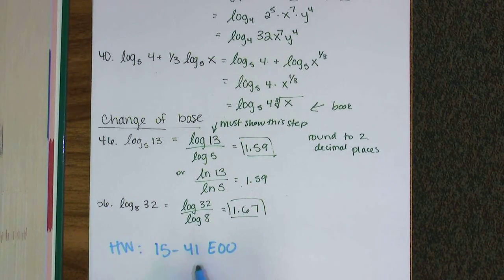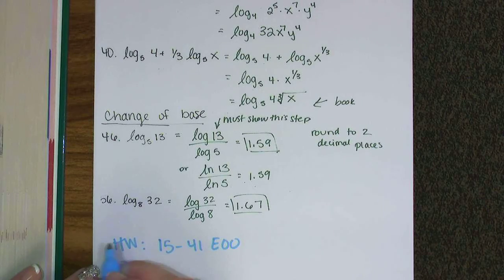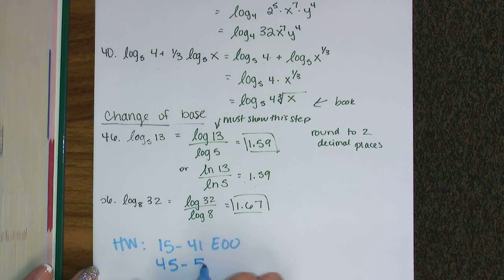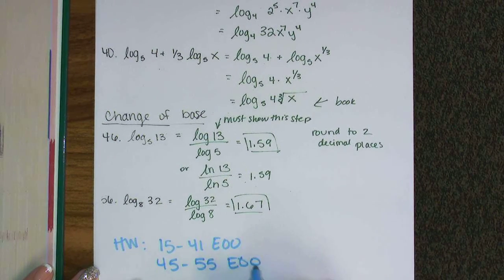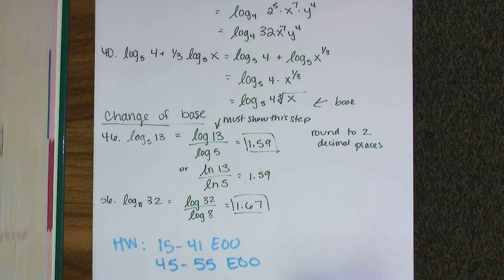I don't know the numbers off the top of my head if they'll fall in, but yeah, I don't think 41 will be in there, but anyways, that's fine. And then 45 through 55, every other odd. Okay, just so you get used to the change of base formula. Which actually, 45, 49, 53, this will stop at 53, so I'll just say 53.